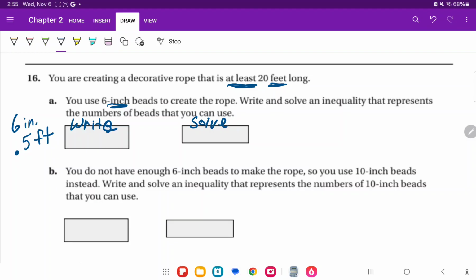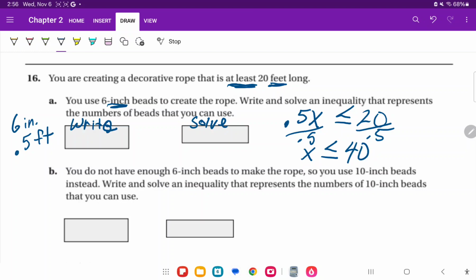So we're going to do 0.5 times the number of beads is less than or equal to 20, like that. This is for the first box. Now we're going to divide by 0.5 over here. So x is less than or equal to 40.